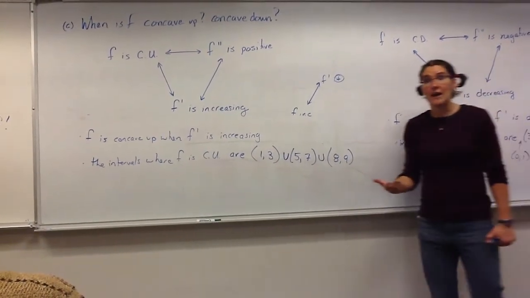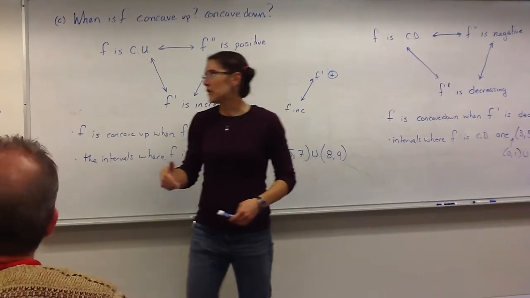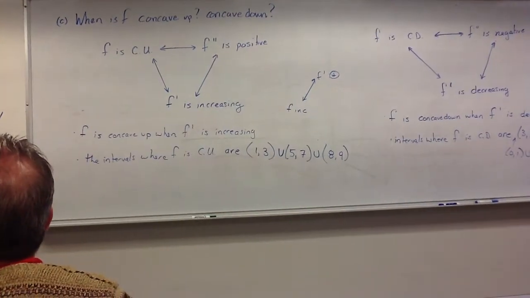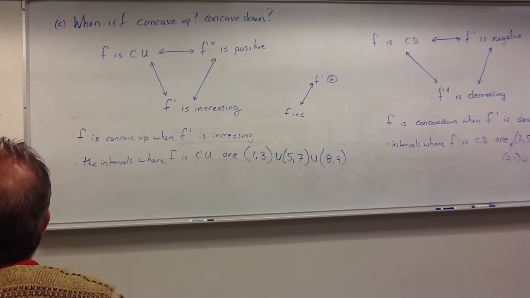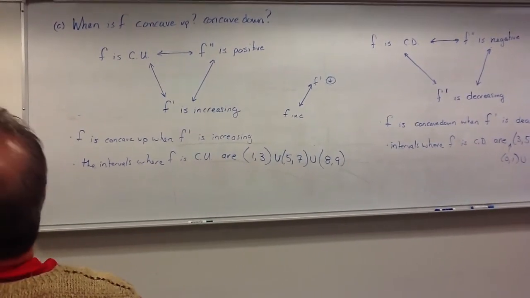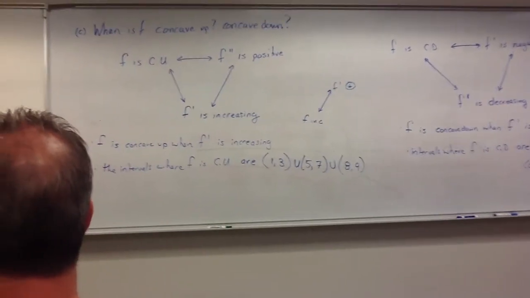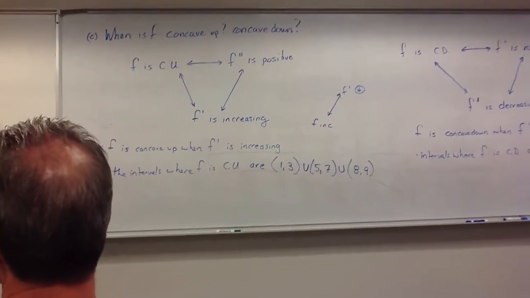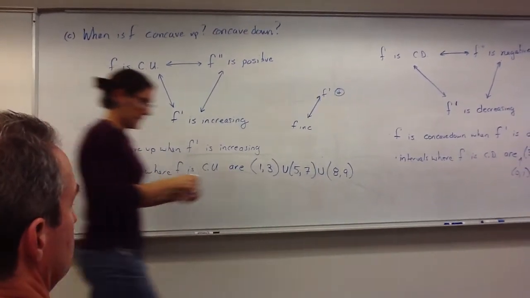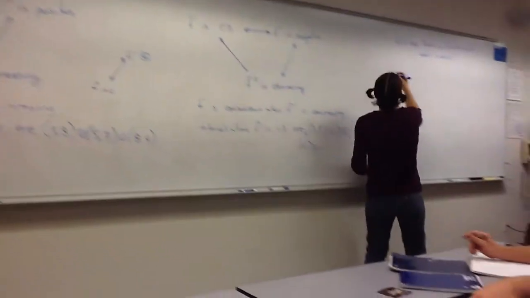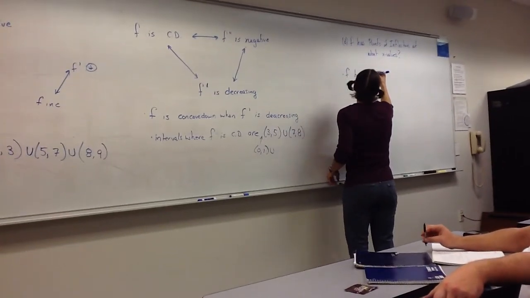So points of inflection are places where concavity changes, and that occurs when f prime changes from increasing to decreasing or decreasing to increasing. So in other words, local extrema of f prime are inflection points on f.